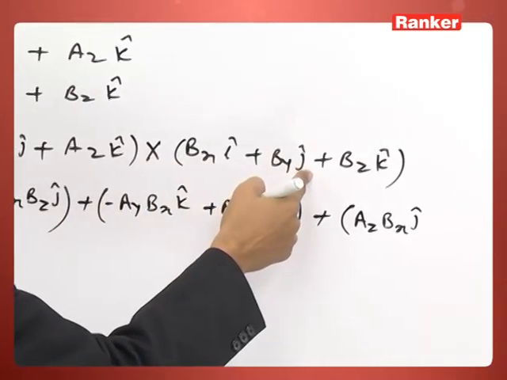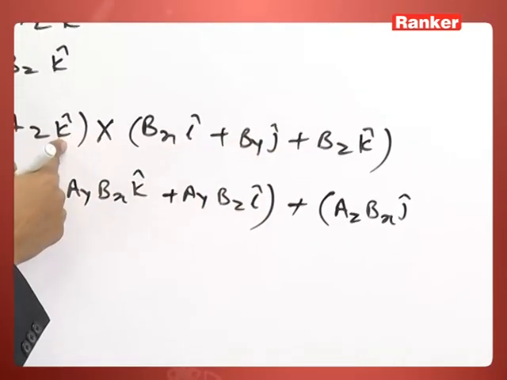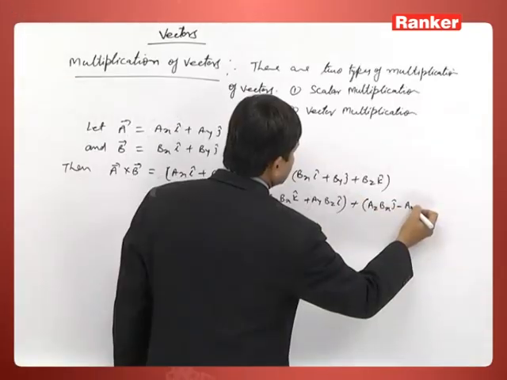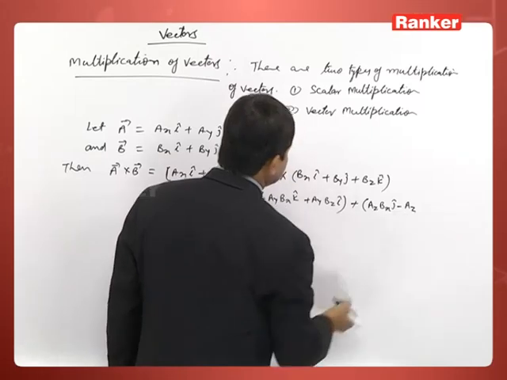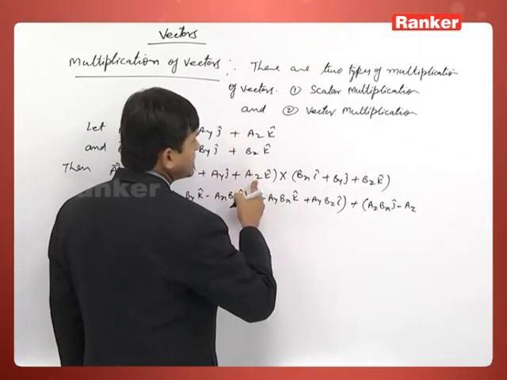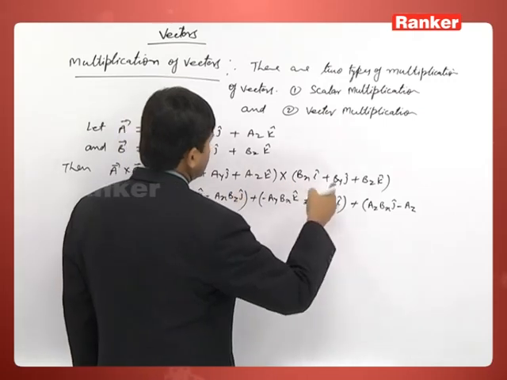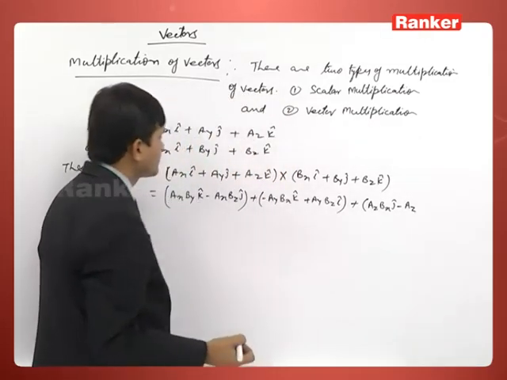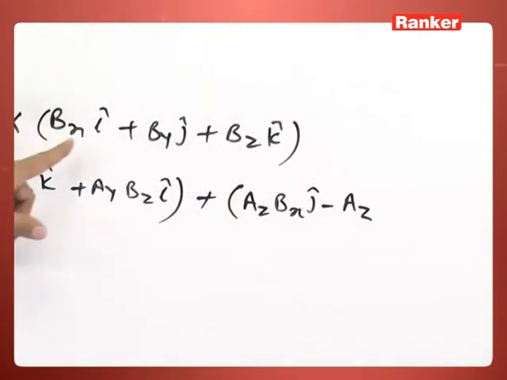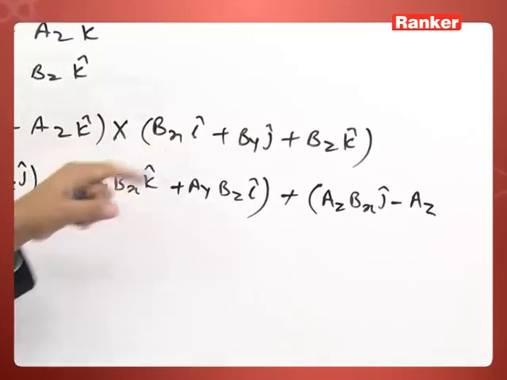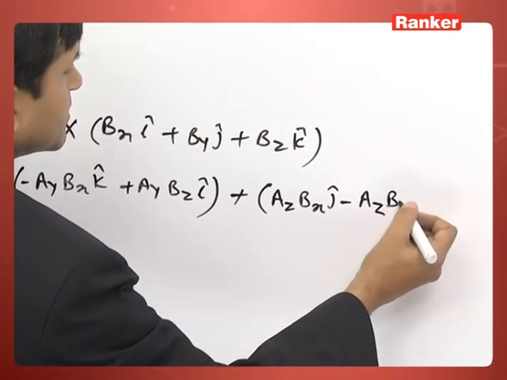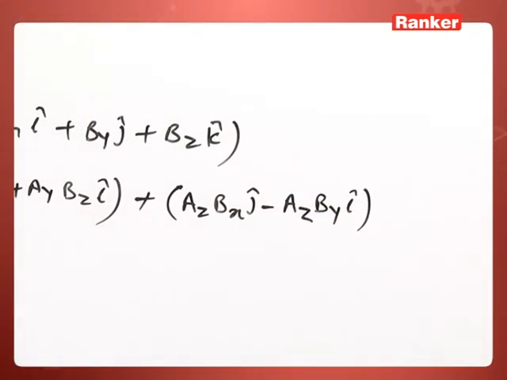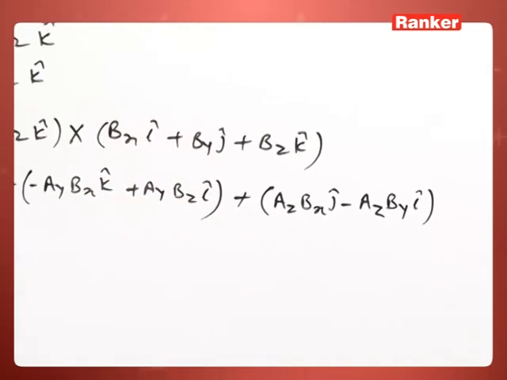K cross j will be minus i, so minus az by i cap. K cross j is here minus i.